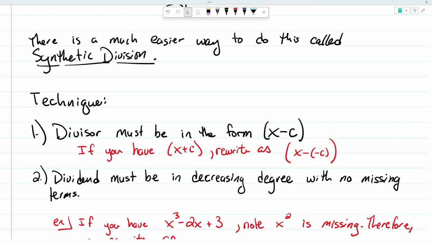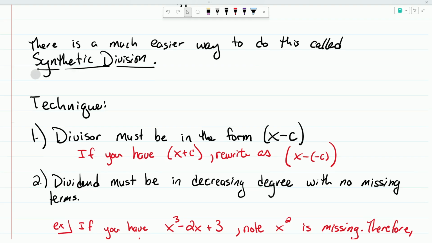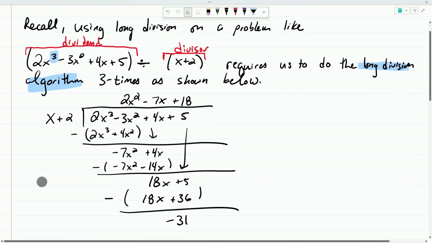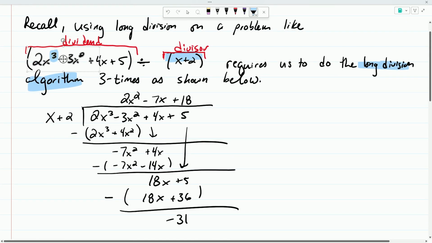The first thing is that we have to check to make sure our divisor is in the form x minus c, or in other words, x minus a number. For example, scrolling up above real fast, our divisor right here is x plus 2.